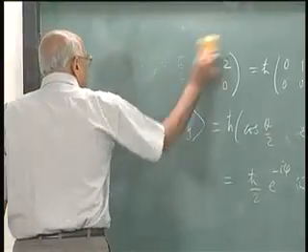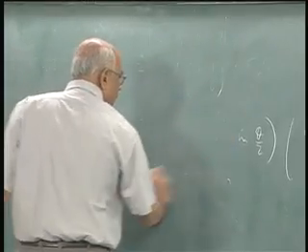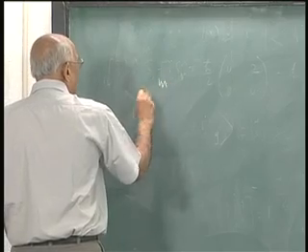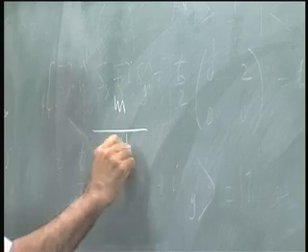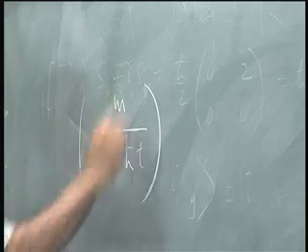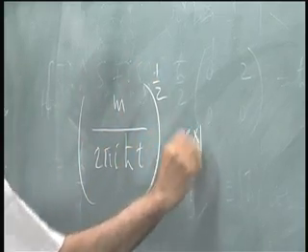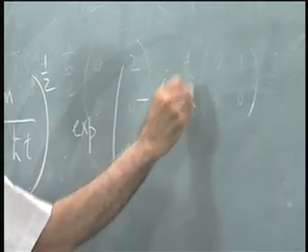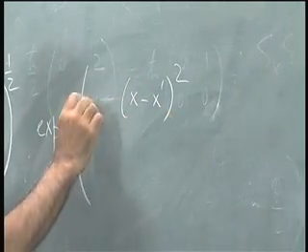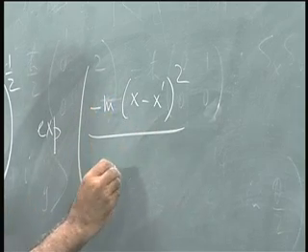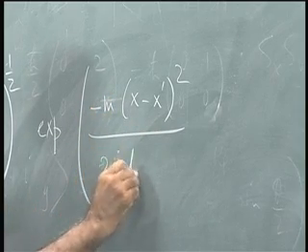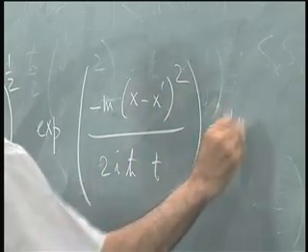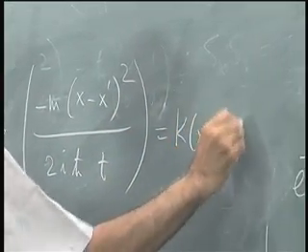Even otherwise you could write this down, but the free particle propagator would be something like m over 2 pi i h cross t. I do not swear to this, but it is something of this kind, exponential of minus m x minus x prime whole squared over 2 i h cross t, and this is equal to K of x, x prime, t.